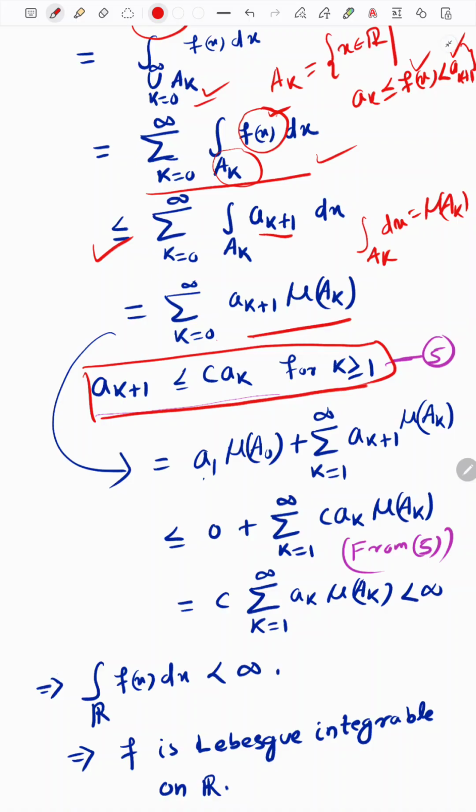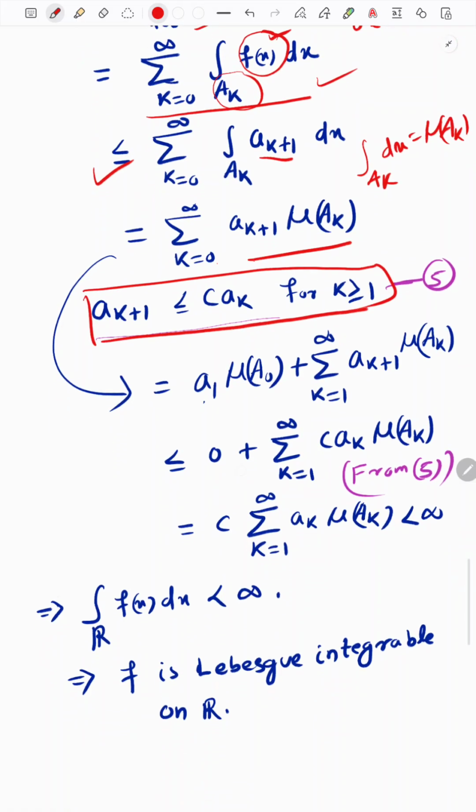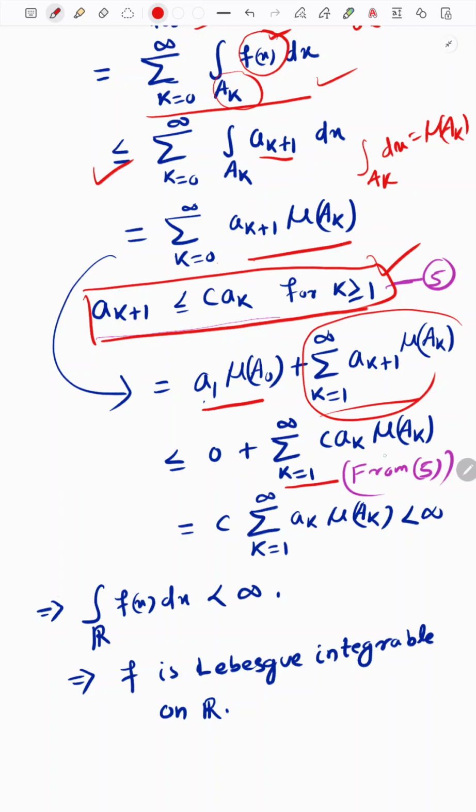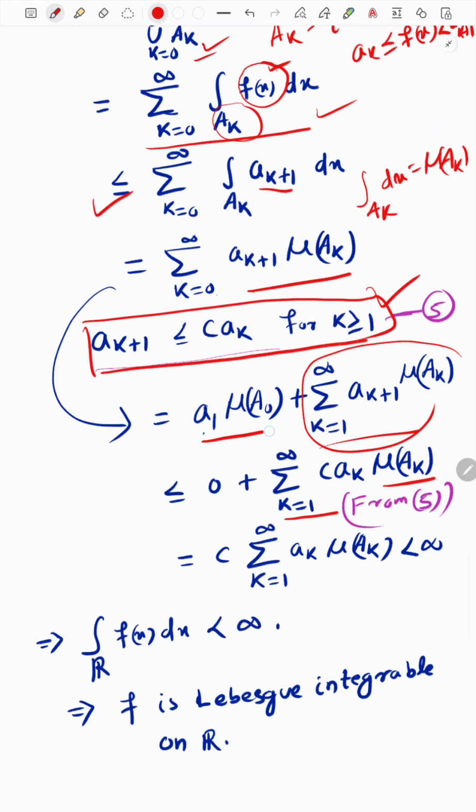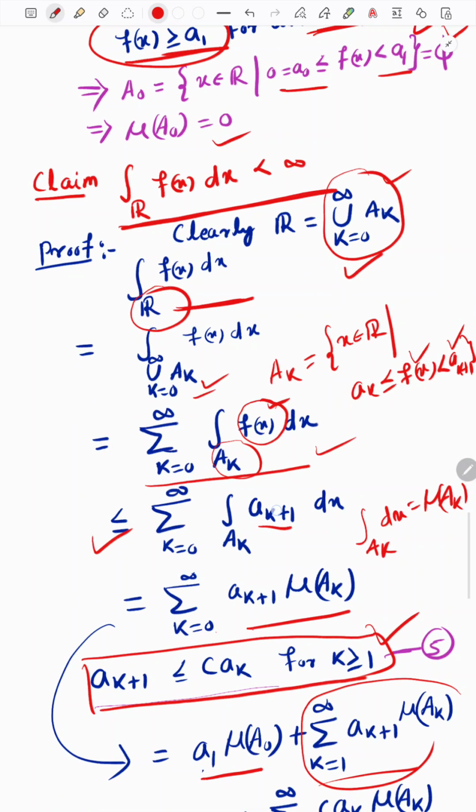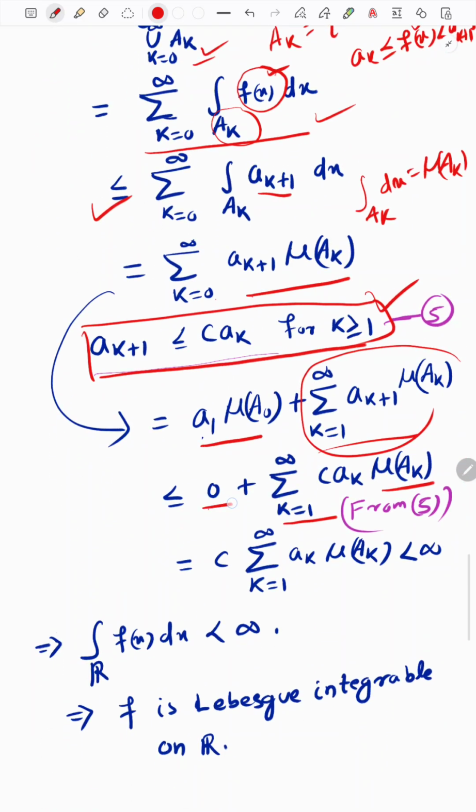Here k equal to 0 will create a problem, so we have to remove it first. Okay. So this sum can be written in this form: a1 times, if you put k equal to 0, it gives a1 measure of A0 plus this sum. On this sum we can use this relation. Okay. So here we have used this relation, but in the previous part we have already calculated the measure of A0 is equal to 0. So we put this thing, so we get this 0 value.